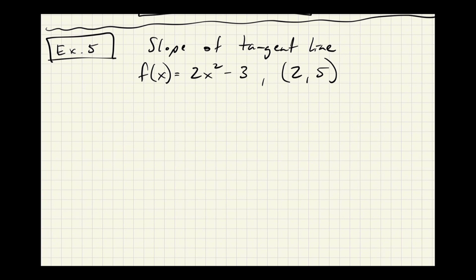Tell me what the slope is going to be. You don't have to do the whole equation, just the slope. I'll give you the answer so you can check on your own. The answer is 8.